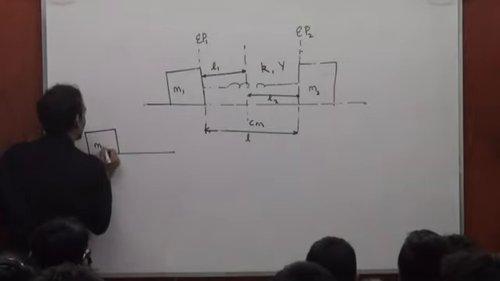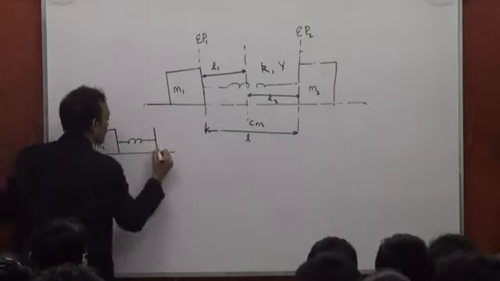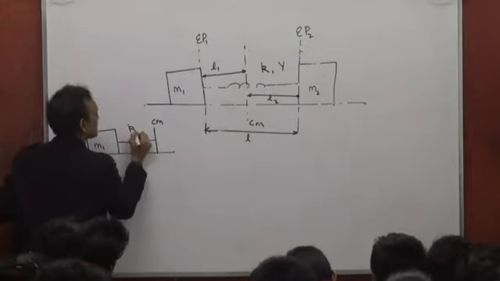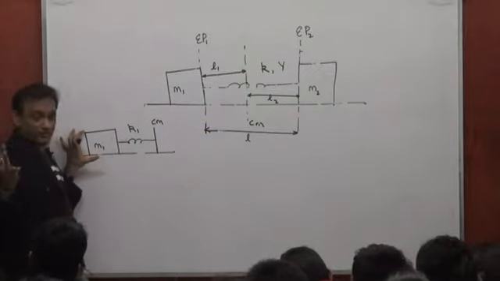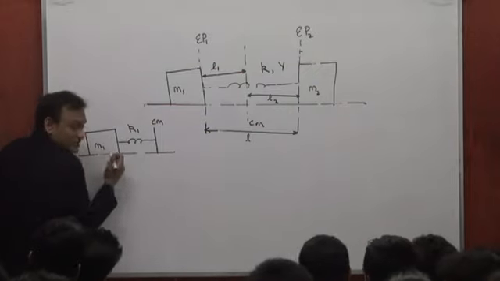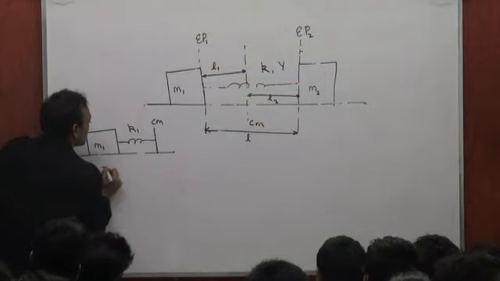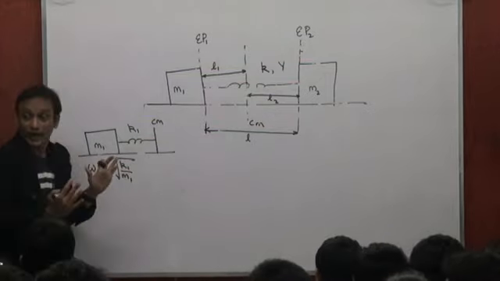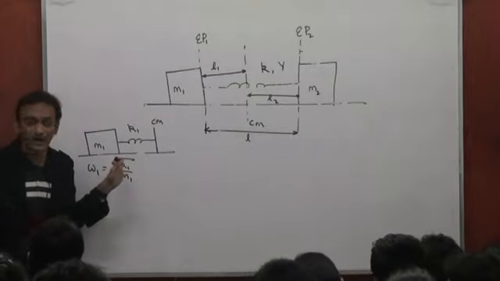this is mass M1. This was the center of mass, which is like a wall. This is K1. Then we've seen in my previous class that the omega for this is going to be root K1 by M1. I've demonstrated this in my last class, right?